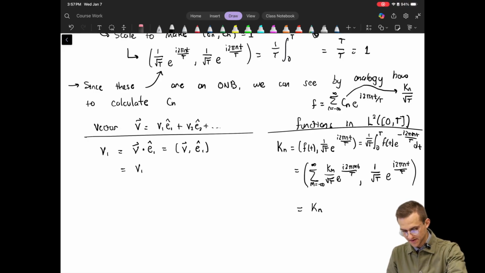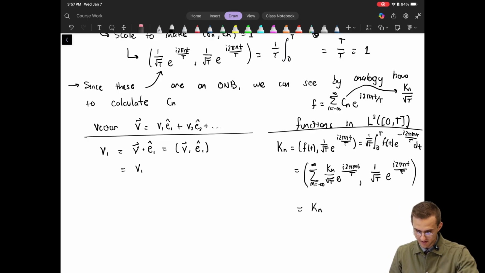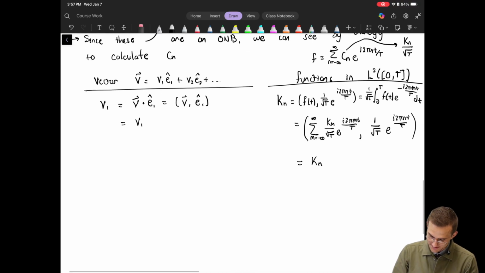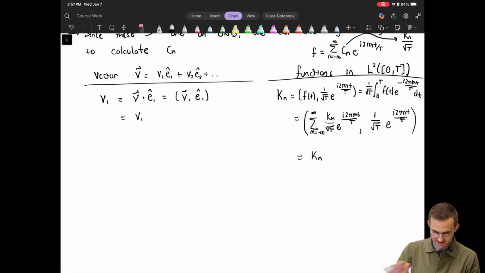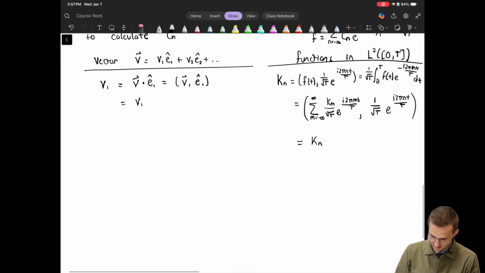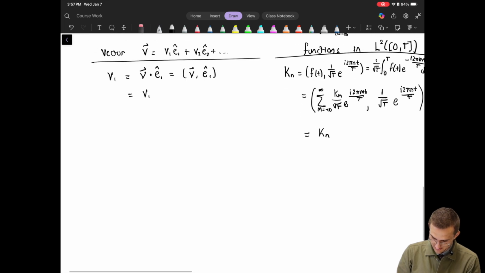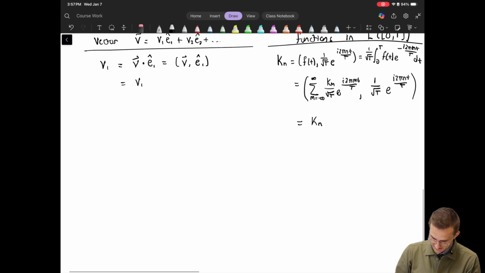Okay, I know that this is getting a little mathy, but it's okay. We're just going to push through this and make this jump over now to talk about the Fourier transform, and then at the end of this, I'll have some fun numerical examples to show you. So that's hopefully giving you a little bit of an understanding of what's going on with Fourier series.